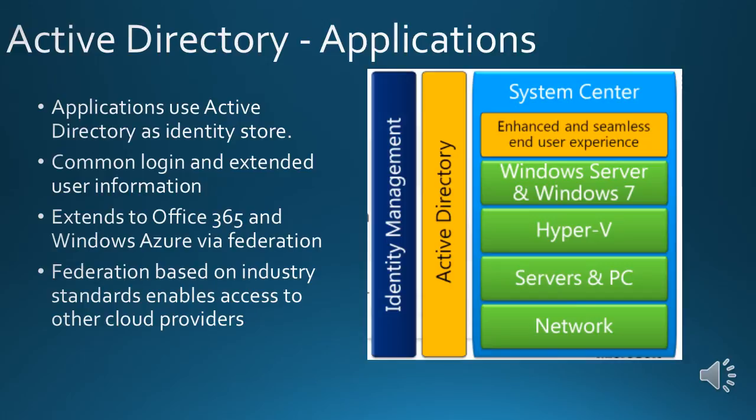If you try to manage a server, it's going to authenticate you. By providing this common login and user information, Active Directory gives you extensive management across not just the servers but the applications as well. Using Active Directory, we can even extend these management principles to Office 365 and Windows Azure by our federated services.